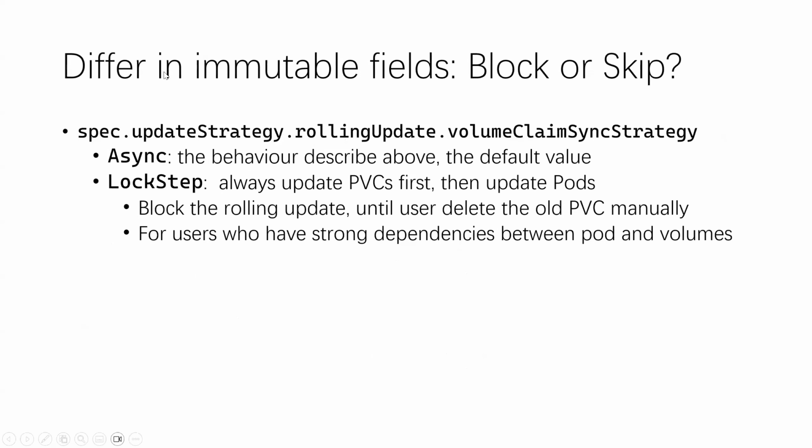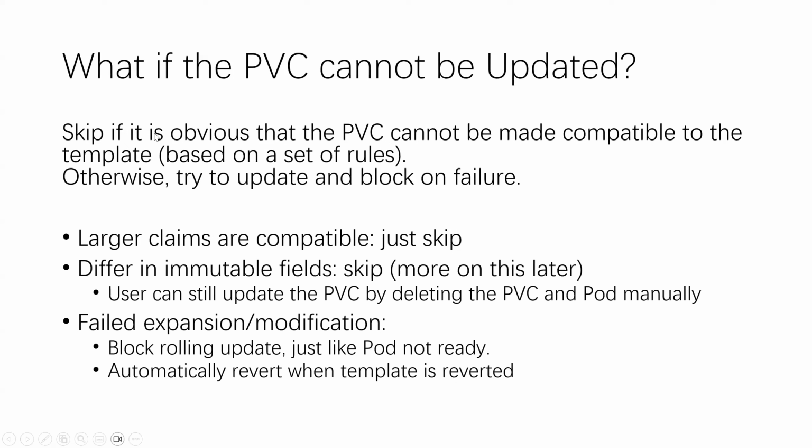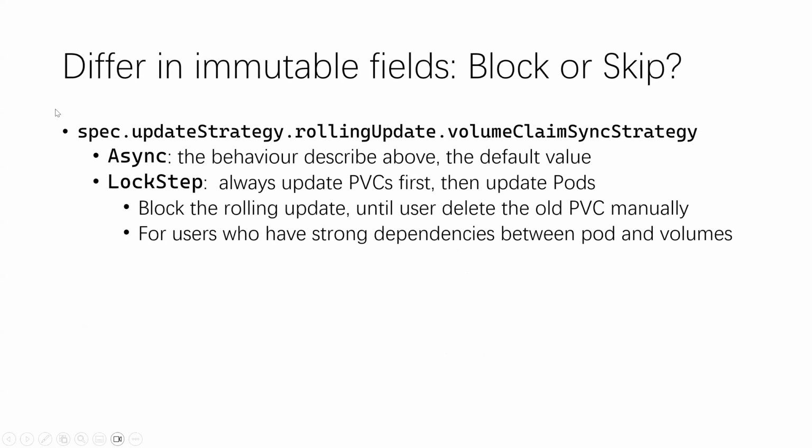Okay, so here's the second question from the previous slide. What to do when the immutable field differs? Will we block or just skip this PVC?